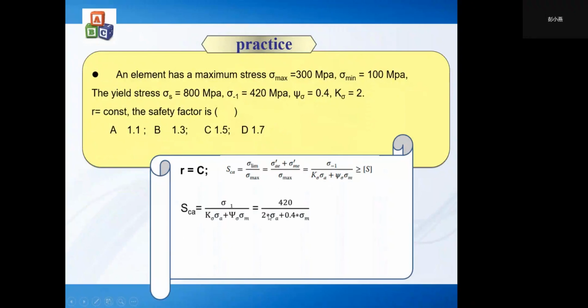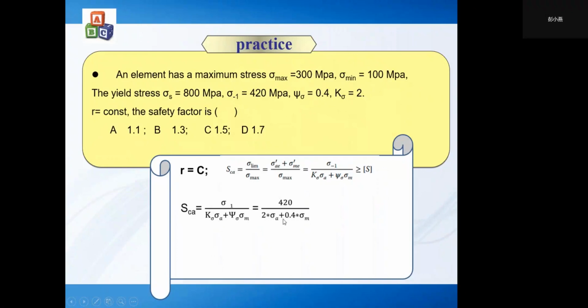And then the calculated safety factor is sigma minus 1 over the combined influence factor times sigma A plus psi sigma times sigma M. Sigma minus 1 is 420, and the combined influence factor K sigma is 2, and psi sigma is 0.4.